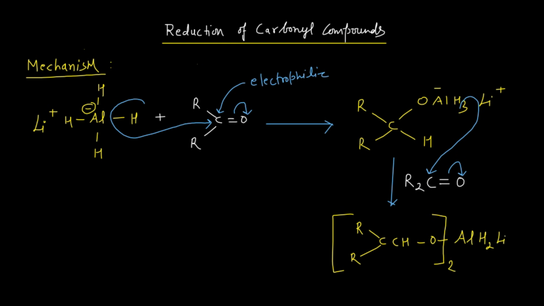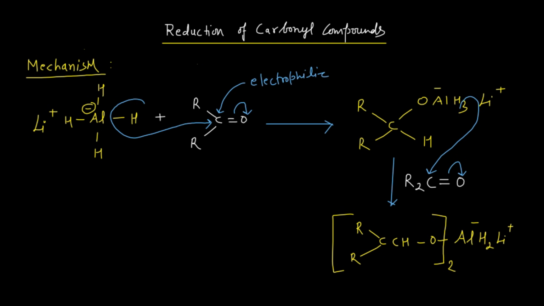Now this is Li positive, this is negative. It is quite clear. Earlier, this aluminium was connected with the 4 hydrogens. In the second step, it is connected with the 3 hydrogens. Now, when you form this particular species, it will be connected with the 2 hydrogens.